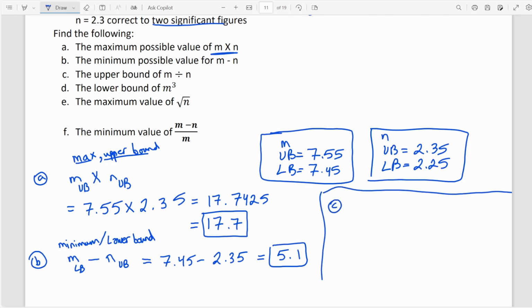Alright, so C. They want the upper bound of m divided by n. So m divided by n, they want the upper bound for this, or the maximum possible value. In order to achieve the upper bound for the division, the first one is the upper bound and the second one will be the lower bound.